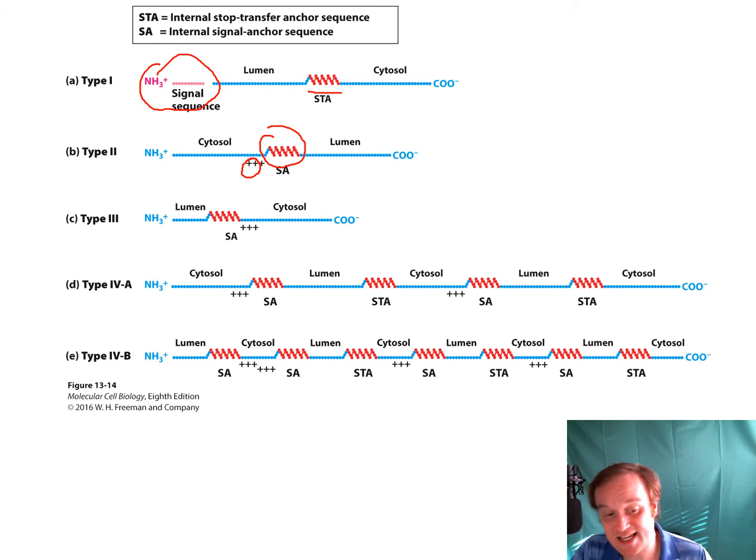So in type 3, it's the same thing. We have this single SA internal sequence, and the high density of those positively charged amino acids are on the C-terminal side. And so, like I said, we didn't really get into the mechanism of that, but just know that this is a feature that helps to distinguish type 2 and type 3 transmembrane proteins.